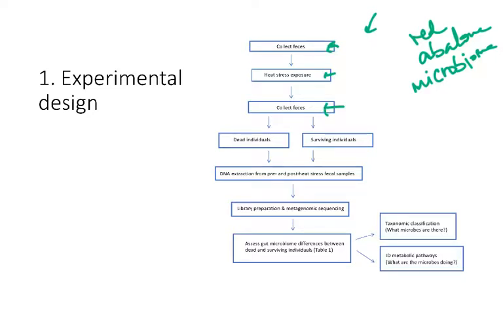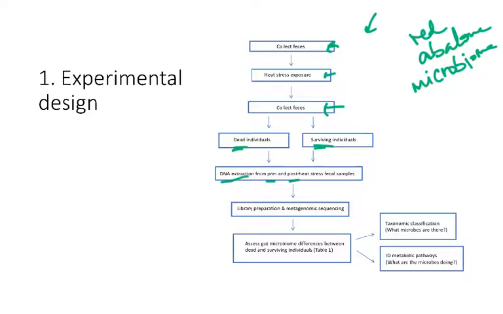Another main component of this particular experiment is comparing the microbiome of individuals that survive or die following a heat stress. So once we do that heat stress exposure, we then need to separate out the dead individuals versus the surviving individuals. For all of those individuals, from both those pre and post heat stress fecal samples, we then need to extract DNA.